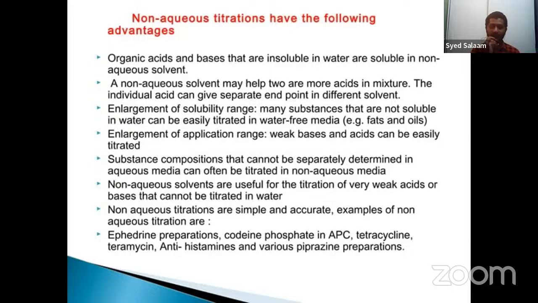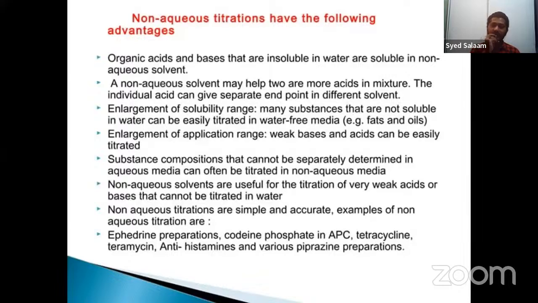Next, substances or compositions that cannot be separately determined, usually a mixture of compounds or a mixture of acid and base, which cannot be easily determined by acid-base titration. Then we need to go towards non-aqueous. And as we have seen, for weakly acidic and weakly basic compounds, non-aqueous titrations are simple and accurate.